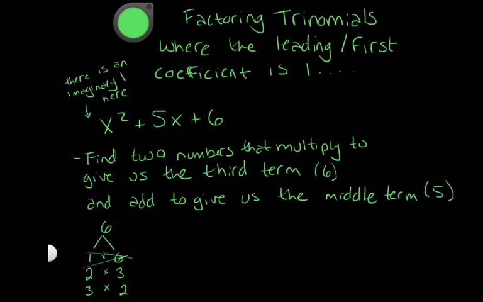But 2 times 3 is 6, and 2 plus 3 is 5. So 2 and 3 work, because 2 times 3 equals 6, and 2 plus 3 equals 5.